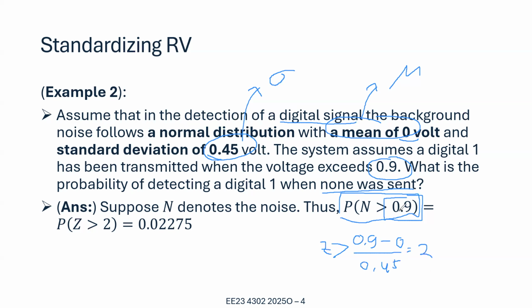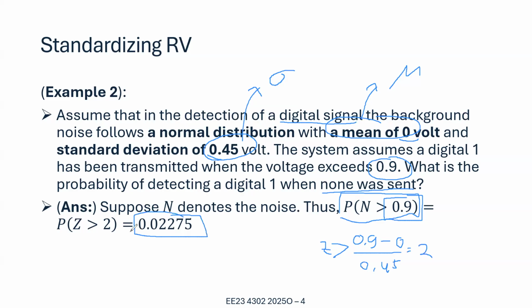So the problem of finding the probability of the noise more than 0.9 is equivalent to finding the probability that the standard normal random variable is more than 2. And by looking at the table, we get 0.02275.